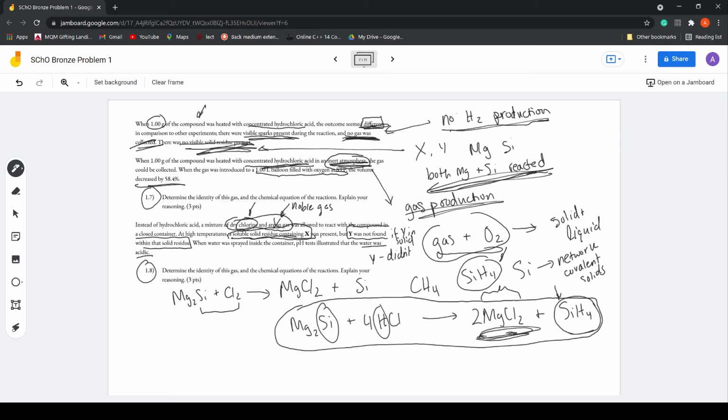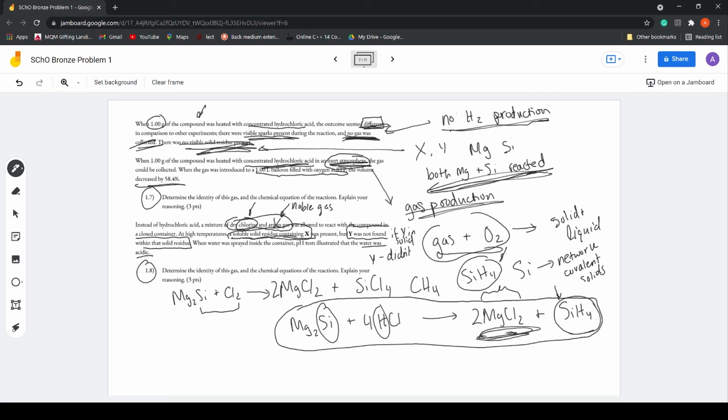So how can we form a silicon-chlorine compound? SiCl4. Just like carbon, silicon likes 4 bonds to give it the octet it wants, right? So this is a reasonable guess: SiCl4 as the product being produced. And so let's balance this chemical equation.